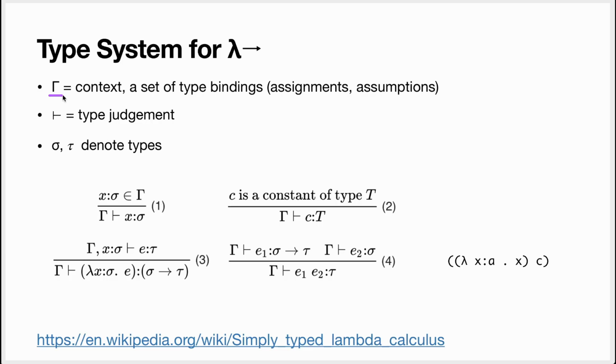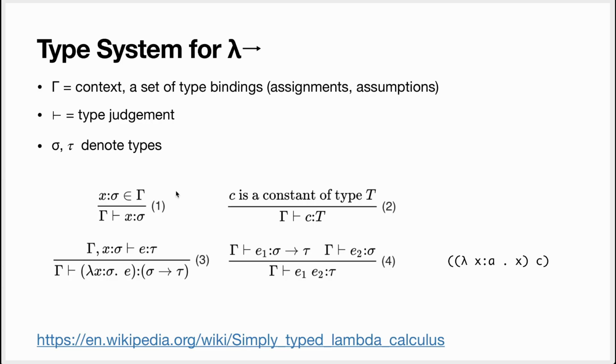Gamma is a context, which is a set of type bindings, also called assignments or assumptions. The symbol here, that's called a turnstile, denotes a type judgment, and it's typically preceded by gamma. A type judgment is what gives us information about the types. And finally, sigma and tau are characters used to denote types.